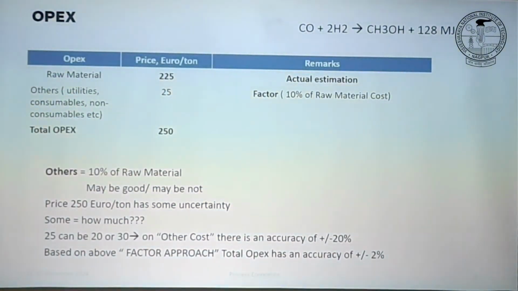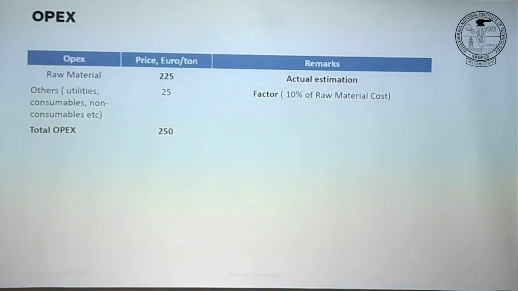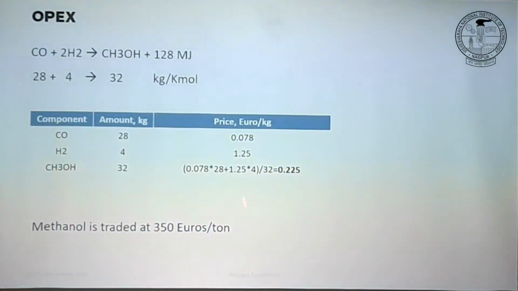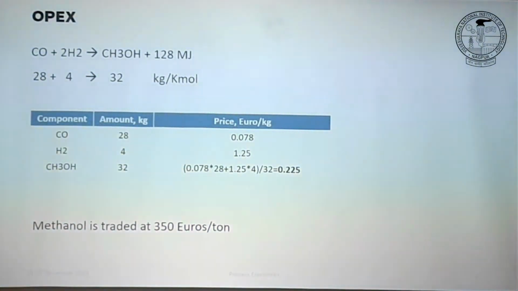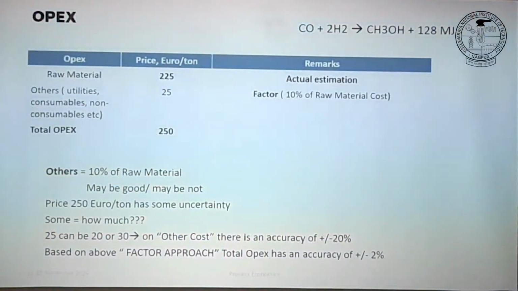But as you said, this example is that you receive carbon monoxide and hydrogen in pure form. Just in case you receive it in impure form, with the same price tag, but your CO and H2 is only 90% pure, then probably 10% is not enough. Your 225 is already becoming 245, 10% more, because for the same price you are getting only 90% CO and 90% H2. So the 10% was specifically for when your raw material is pure.